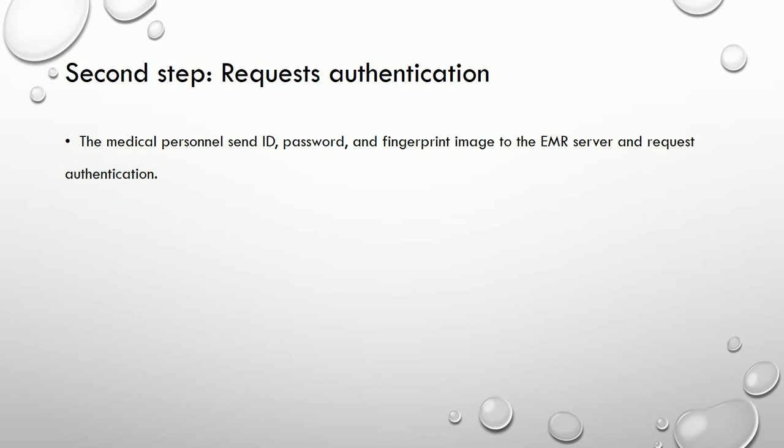And the second step is request for authentication. It will still send the medical person's information such as ID, passwords, or their height, or weight, and also the fingerprint image to the electronic medical record server, and then request for the authentication.